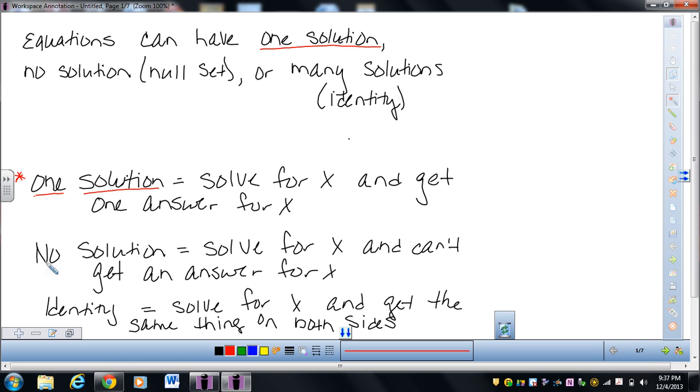Also, you can have an equation where you have no solution.